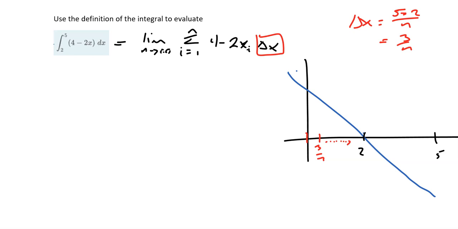So we start at 2, and then we go 3 over n, okay? So this part would be 2 plus 3 over n. The next one would be 2 plus 2 times that, right? And all the way over until we get to 5. So first off, I'm going to use right endpoints.